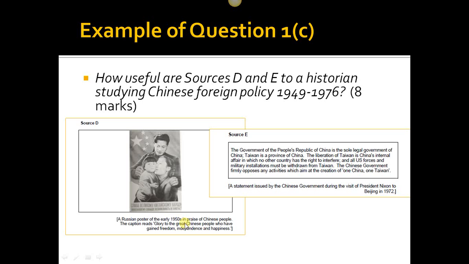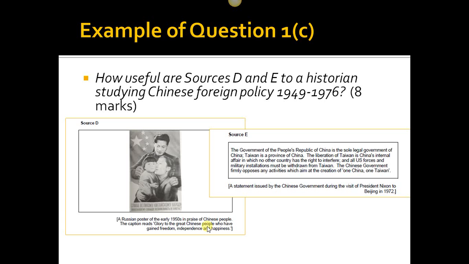Source A is a poster, a Russian poster of the early 1950s, and it's in praise of Chinese people. The caption reads, "Glory to the great Chinese people who have gained freedom, independence, and happiness." And source E says, the government of the People's Republic of China is the sole legal government of China. Taiwan is a province of China. It's a small part of China, that means.